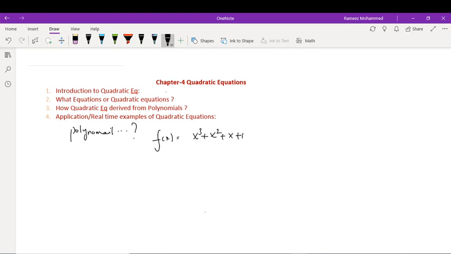Then I can say that this whole part is a polynomial. Got it? When you equate something, like this f of x, to 0, then it will become an equation.